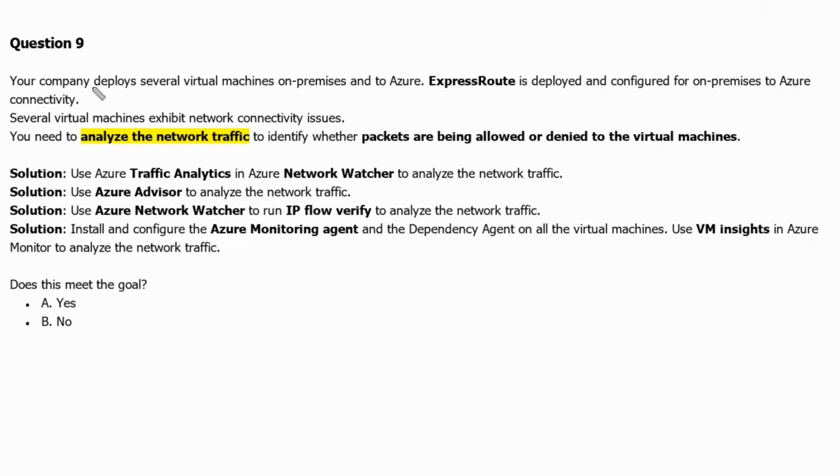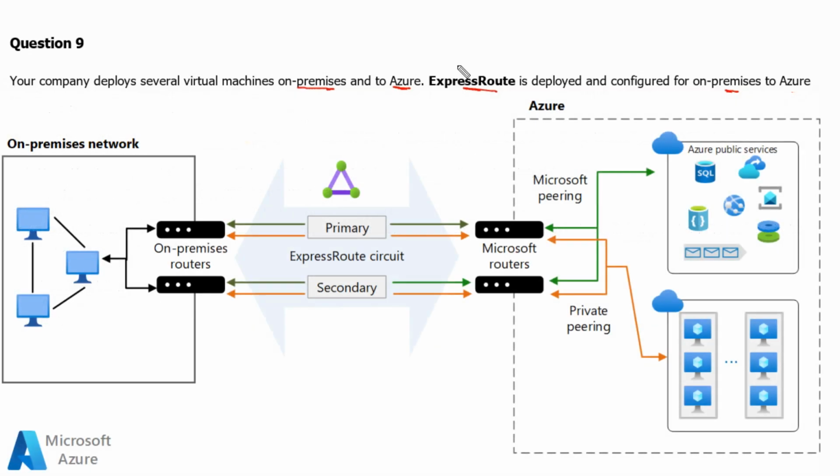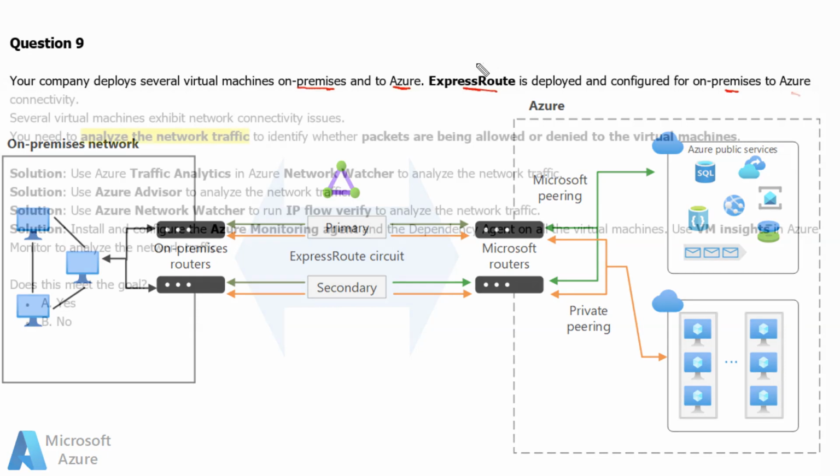Question 9. Your company deploys several virtual machines on premises and to Azure. ExpressRoute is deployed and configured for on-premises to Azure connectivity. And what is ExpressRoute? ExpressRoute lets you extend your on-premises network into the Microsoft Cloud over a private connection with the help of a connectivity provider.